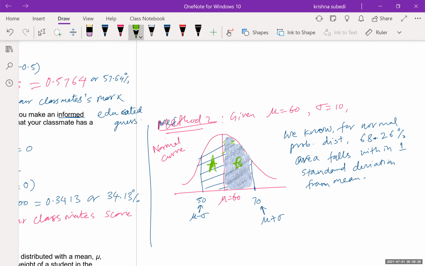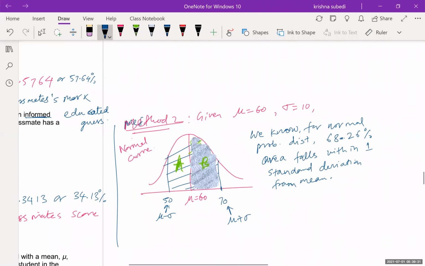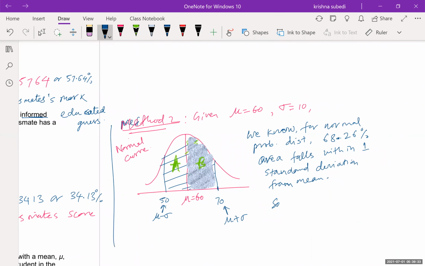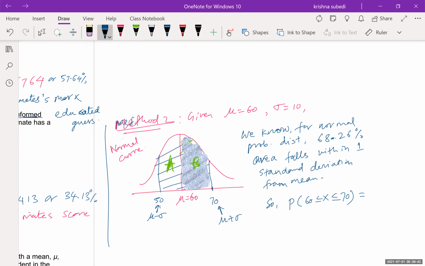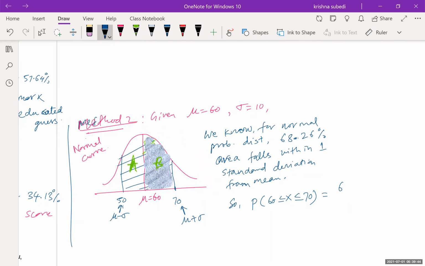Therefore, just by using the property of the normal curve, we can say that the probability of x between 60 and 70 equals 68.26 percent divided by 2. Does that make sense to everyone? Because both of these areas together is 68.26. But since we are talking about only the area from 60 to 70, if you divide that by 2, it should be 34.13 percent.